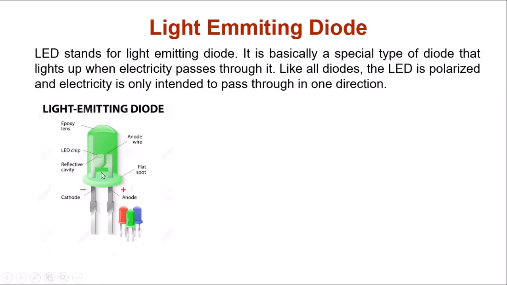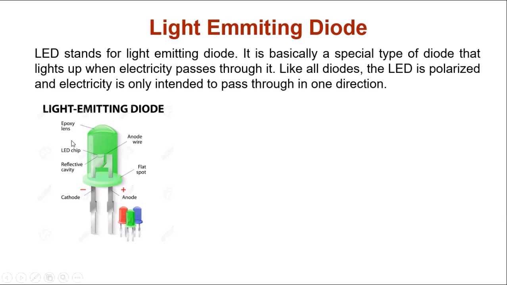LED comes in different colors. You might have seen during Diwali, or now that Christmas is coming, for decoration we use LED lights, and they come in different colors because of the semiconductor material used to make that PN junction. Different semiconductors of P type and N type generate different types of light.